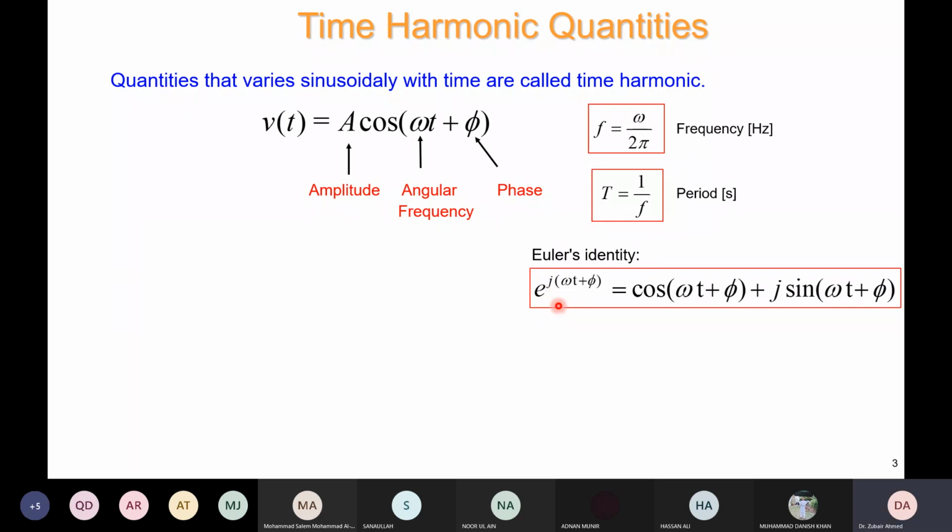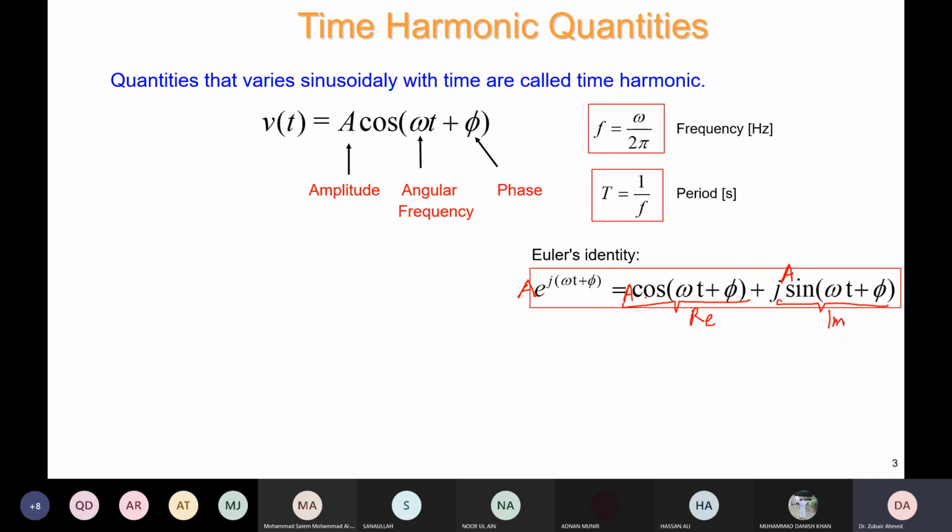For example, if I multiply this Euler identity by A on both sides, then A cosine of omega t plus phi is the real part, and A sine of omega t plus phi is the imaginary part of this complex quantity.